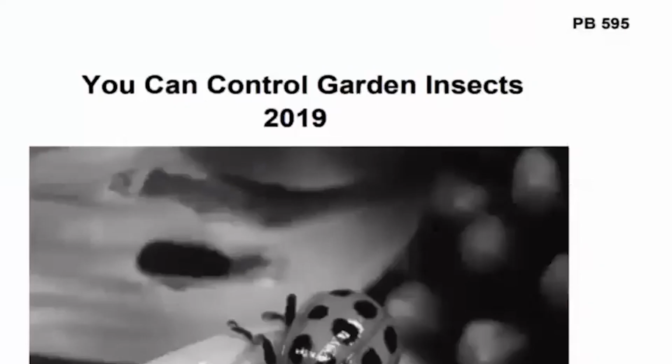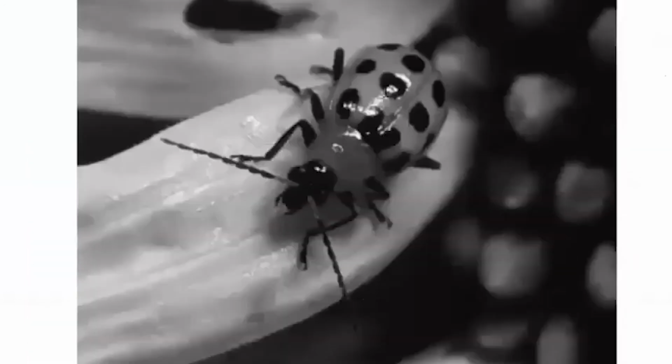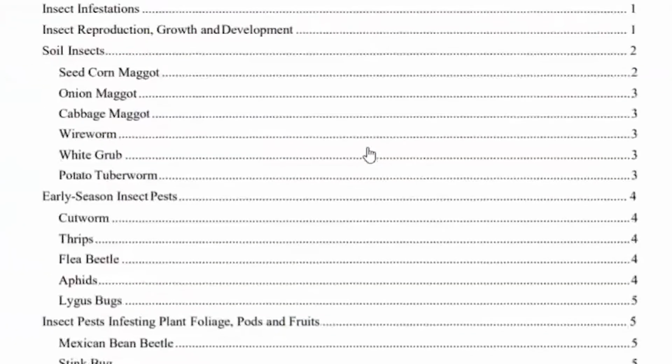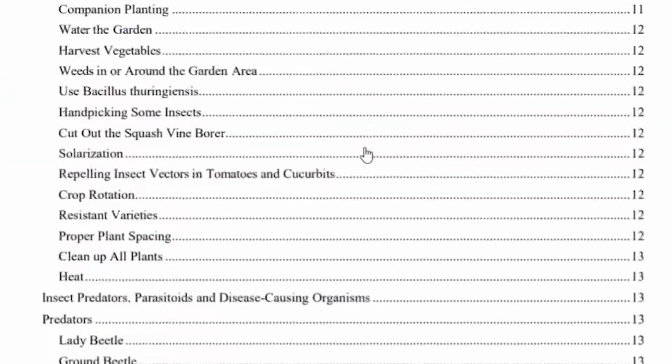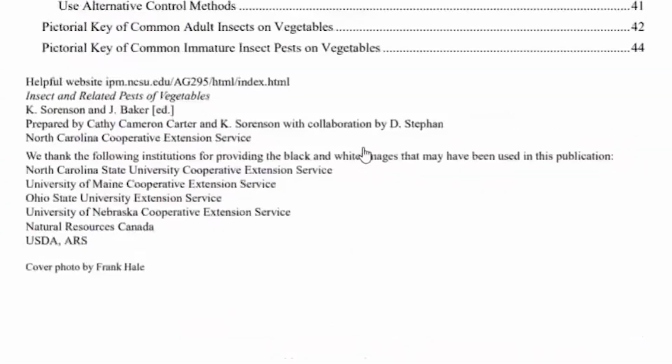Can everyone see this screen right here? Just give me a thumbs up if you can. Yes. Good. So this is PB 595. You can access this on our Tennessee publications, also utia.tennessee.edu. And so this has just about everything that we talked about as far as knowing what your host plant is and how to control it, right?